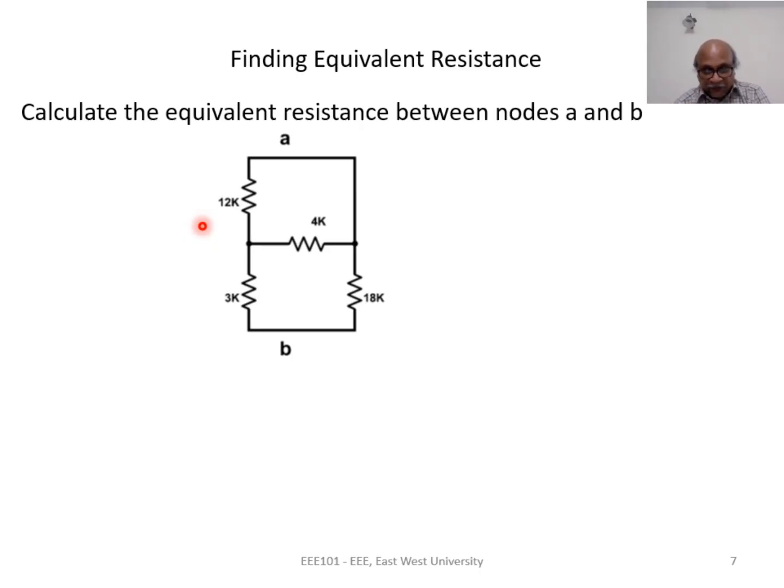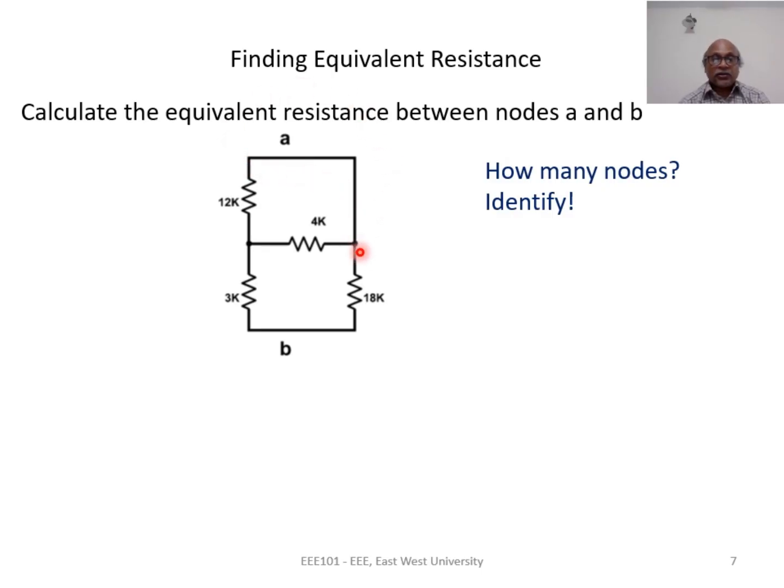Okay, the first step always in finding equivalent resistance is to identify the nodes. How many nodes are there? We have the bottom node, which is B. Here we have another node, and node A is extended all the way from the 12K resistance to the junction of 4K and 18K.